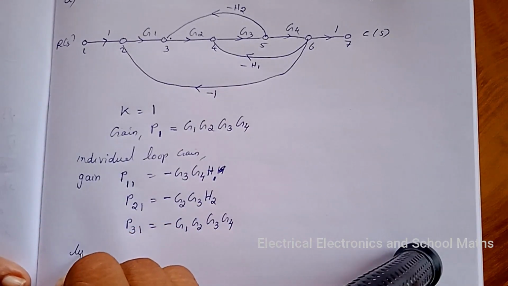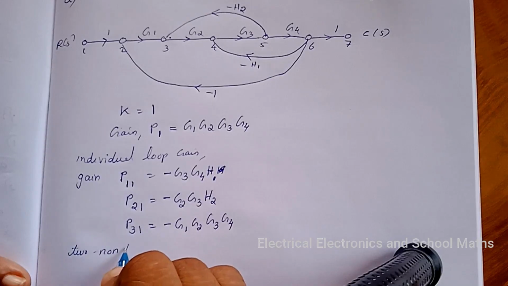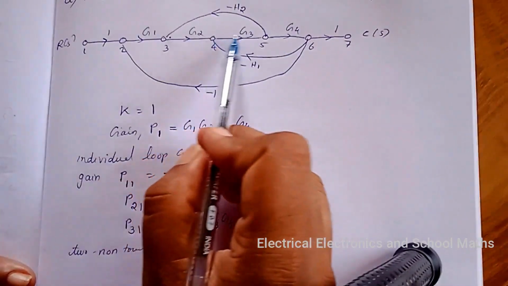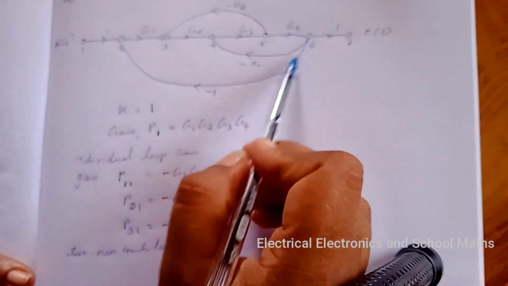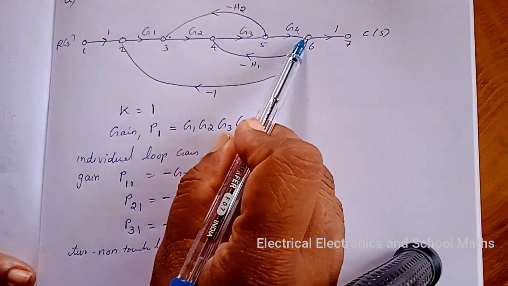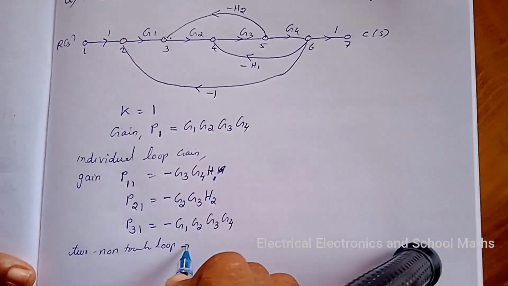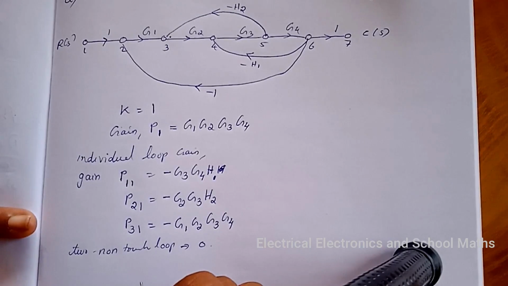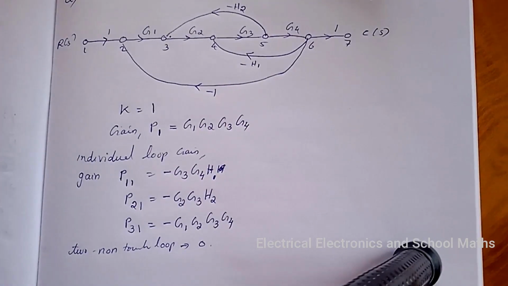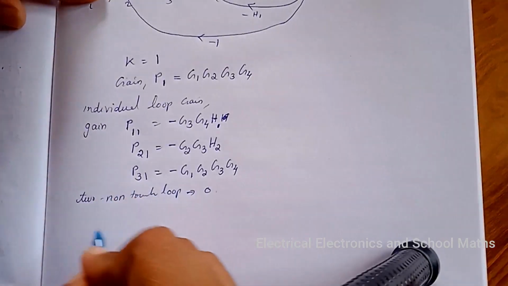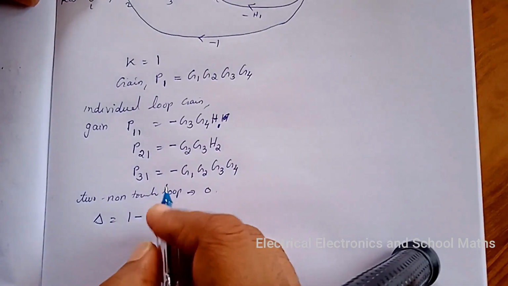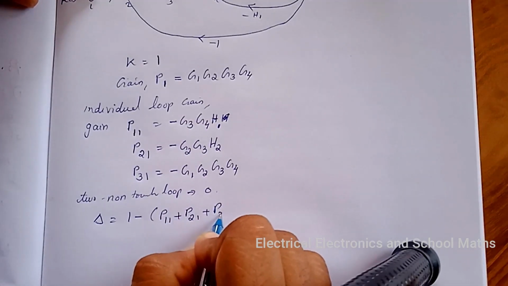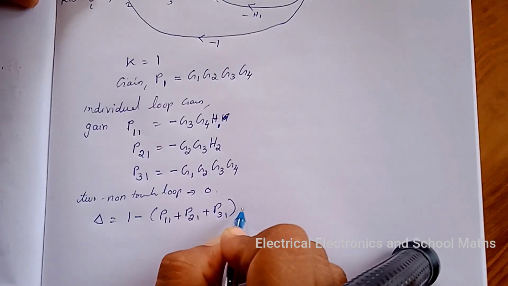Next we have to find the two non-touching loops gain. So the two non-touching loops, here all the loops are touching, so there are no two non-touching loops. Now we have to find the value for delta, that is delta equal to 1 minus sum of individual loops, that is P11, P21, then plus P31, and here no two non-touching loops.